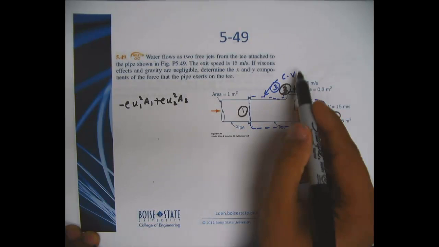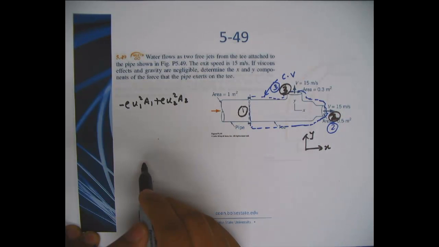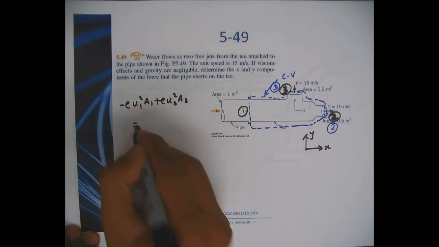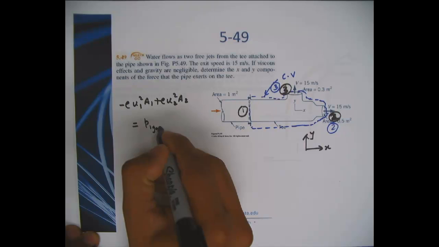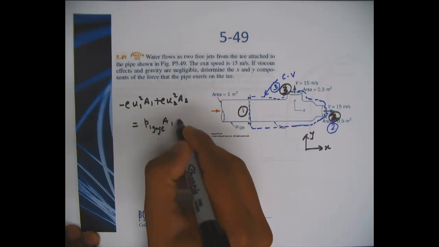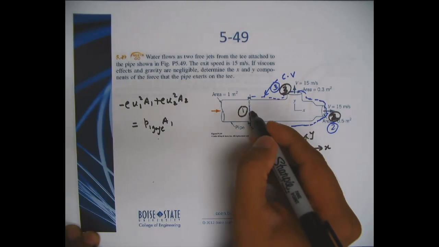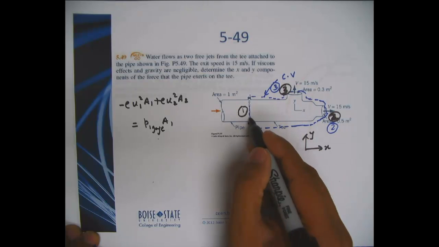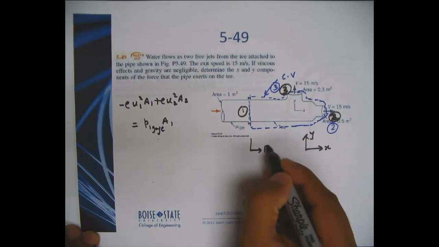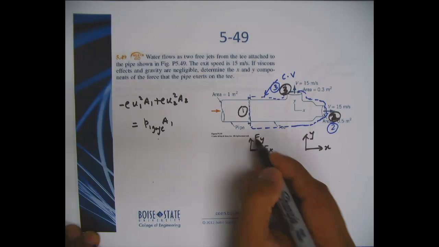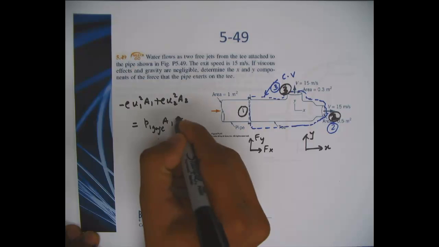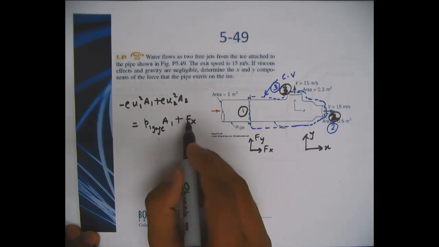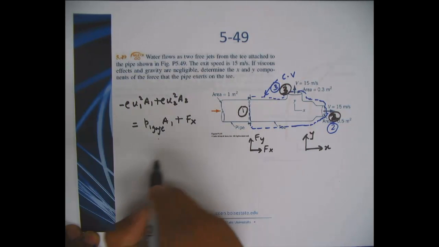There is no x component for this cross section at 3, so this would be equal to the pressure here, which would be gauge, times A1, and then Fx and Fy, the reaction forces. If I take that convention, it is positive plus Fx.